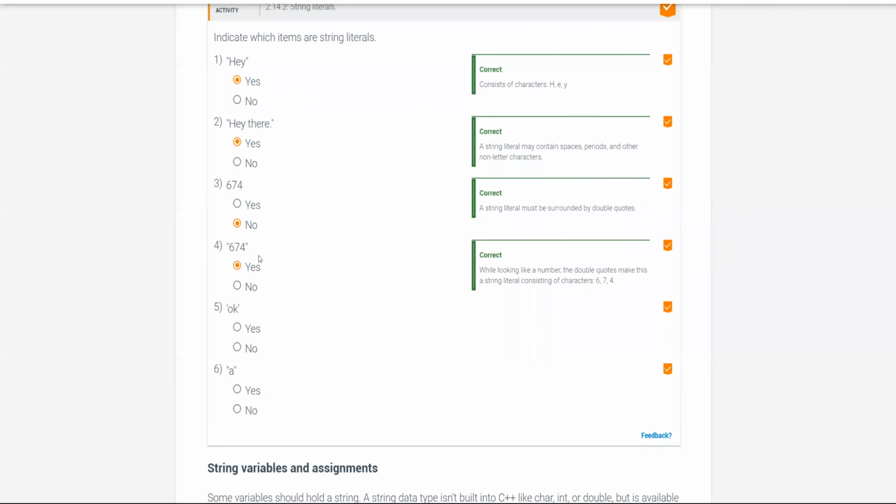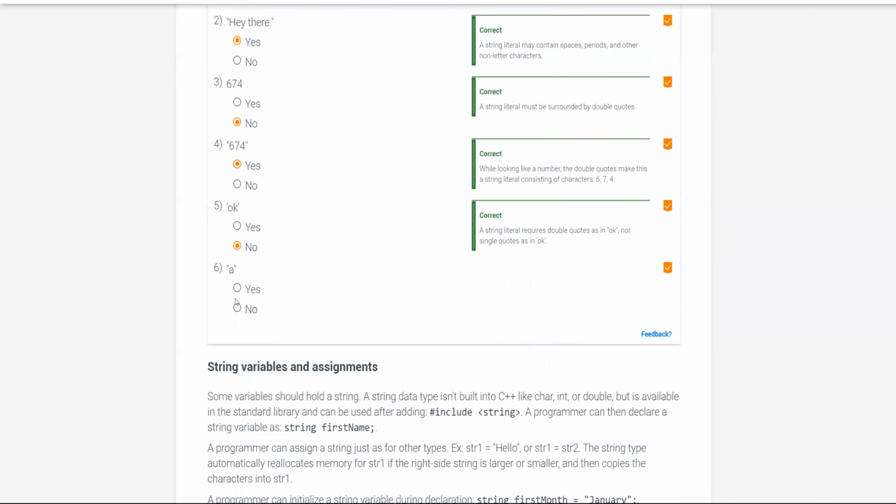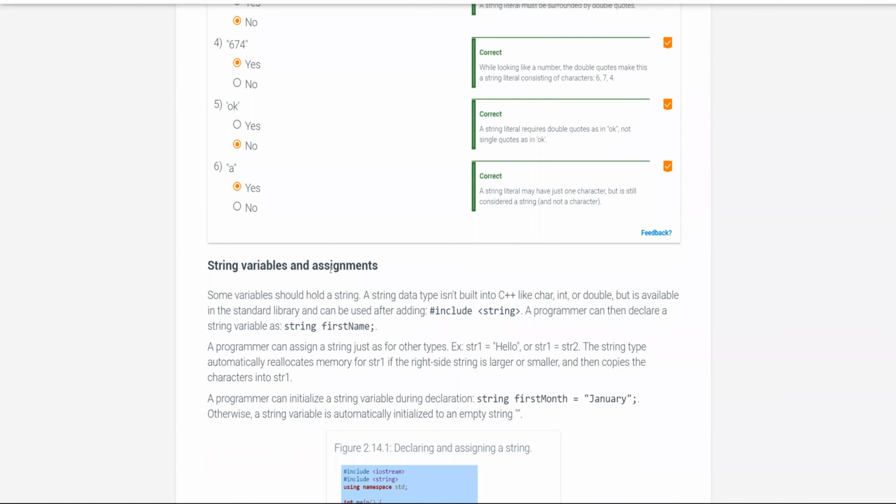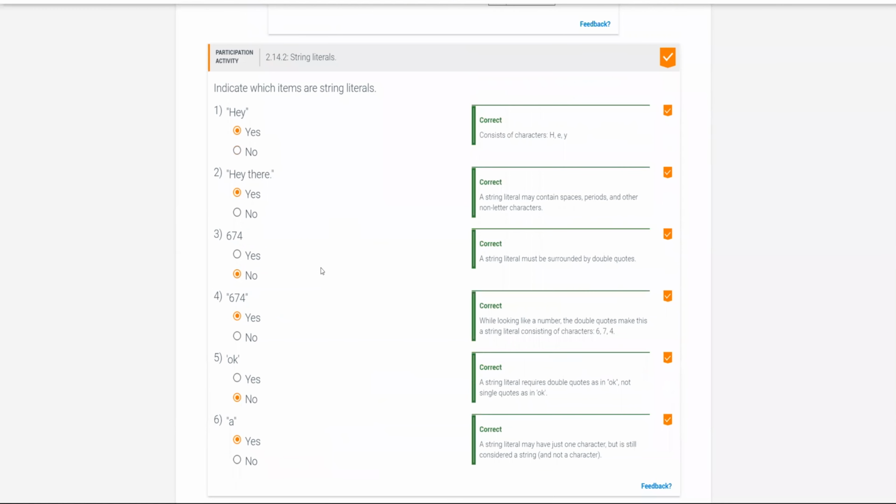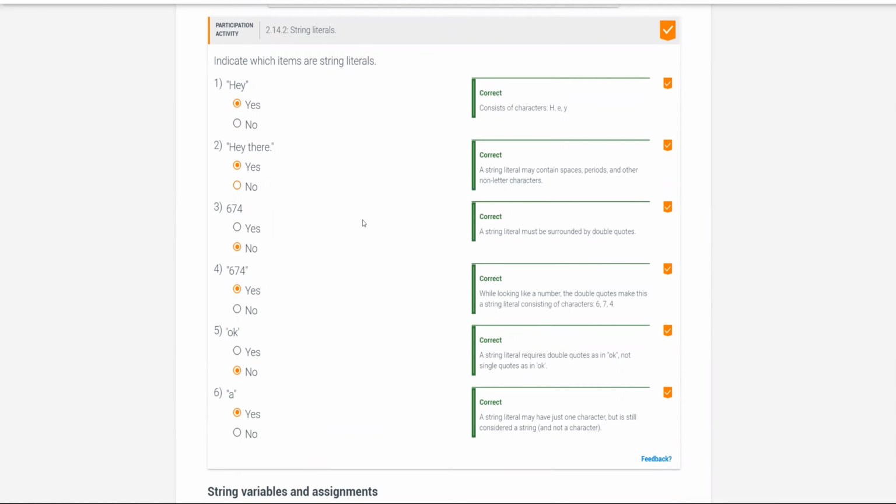So this is treated as a string, not a number. And this one, well, you have single quotes. In that case, it's not, right? And this, yes, this is a character. Even if it's one single character, it is considered a string. So play around with these things. I would ask you and test you on those.